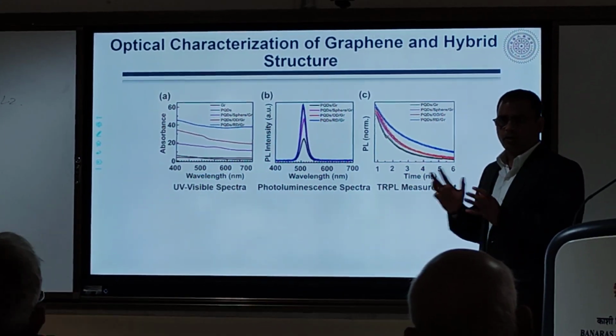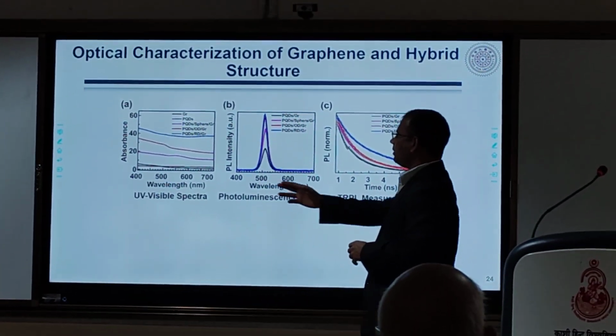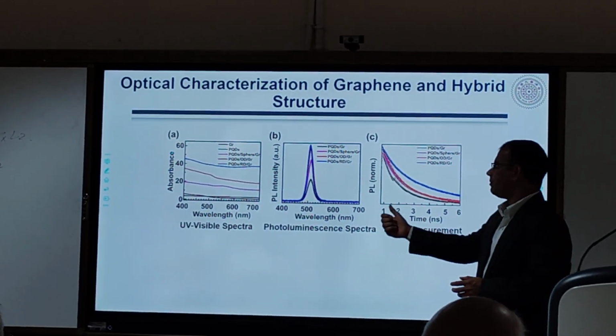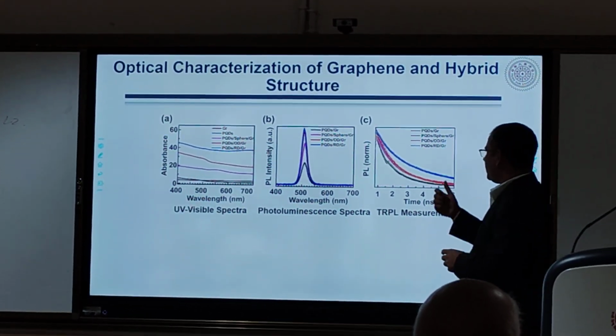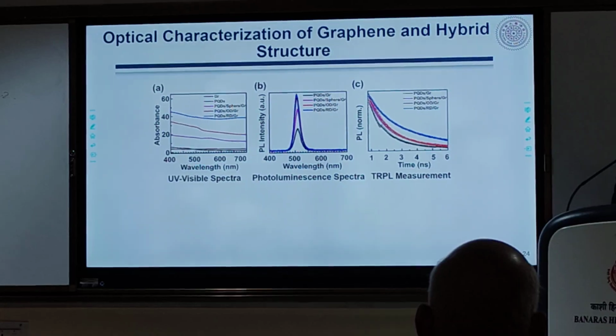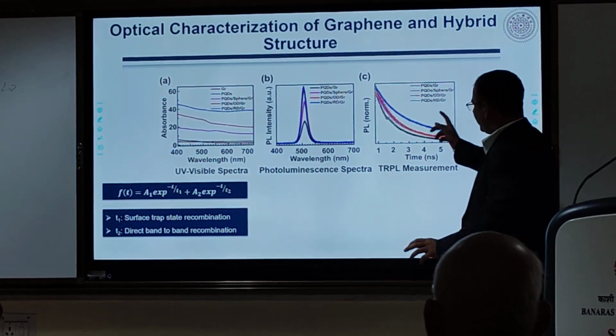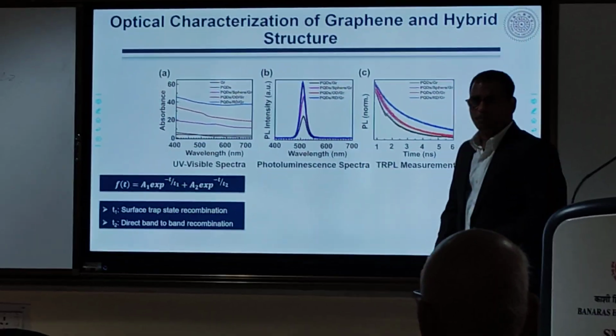We can improve more, like the magnetic interaction. Here we see the highest optical absorbance, and the photoluminescence follows the absorbance. Here we have measured the TRPL, and we fit this plot with an exponential fit.